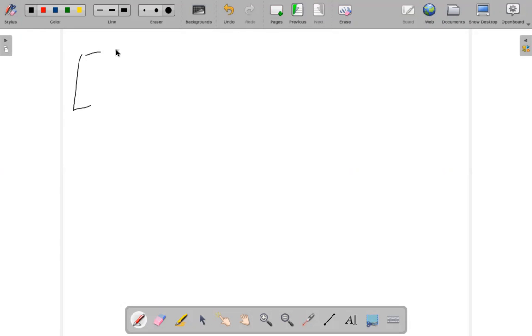So I get cos square theta plus sine square theta, this is first, and cos theta sine theta minus sine theta cos theta.